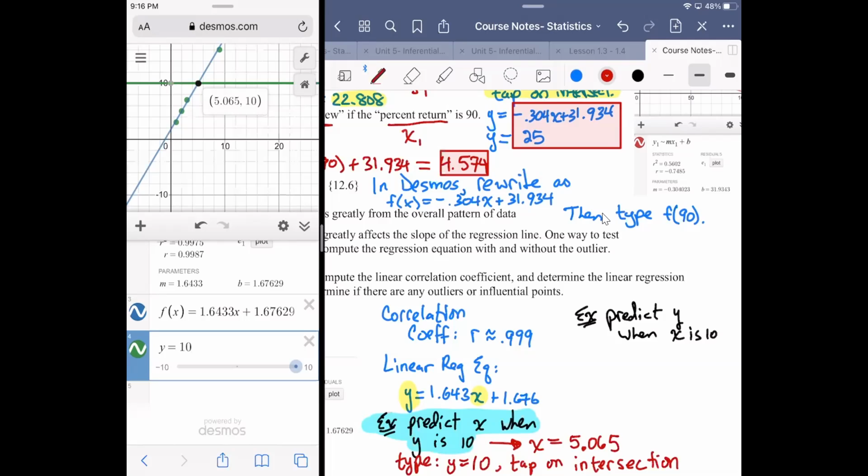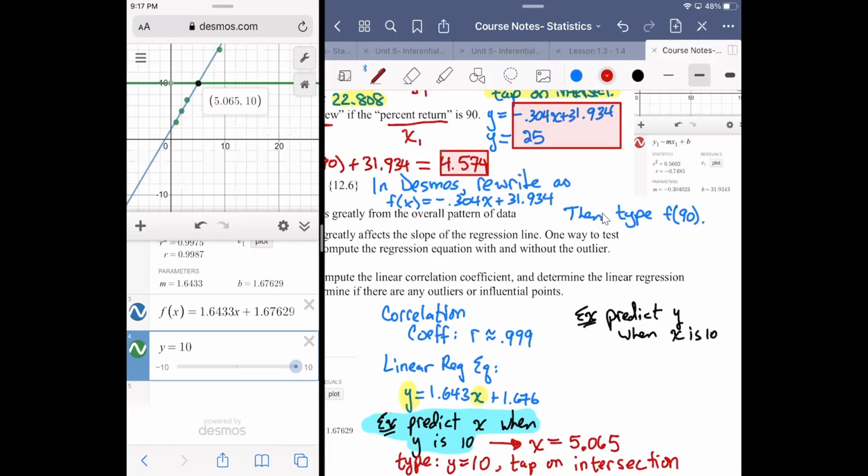What this is telling me is if an object has a weight of 10, whatever the units are, grams, kilograms, pounds or tons, then the corresponding height that goes along with that weight would be 5.065. Maybe it's feet, maybe it's inches, maybe it's yards, but we're getting the other value that goes along with it based off of that relationship.